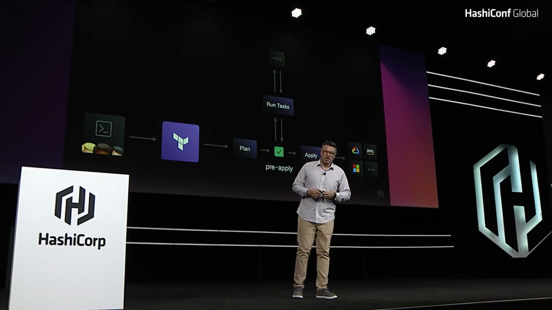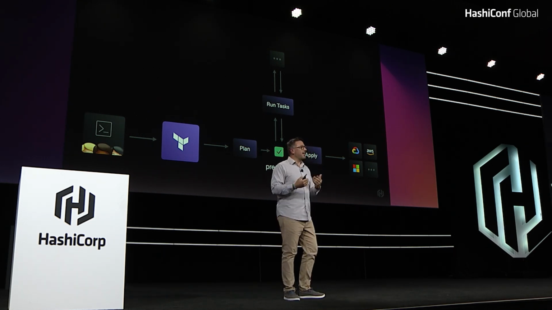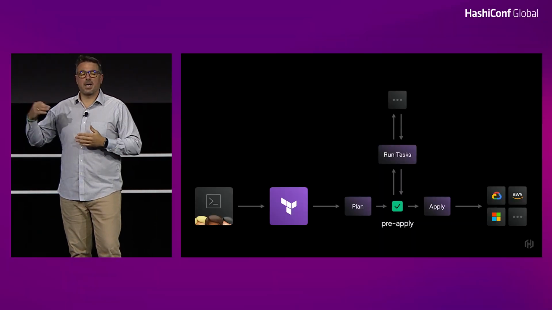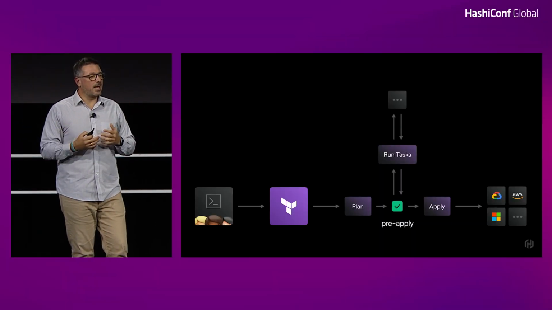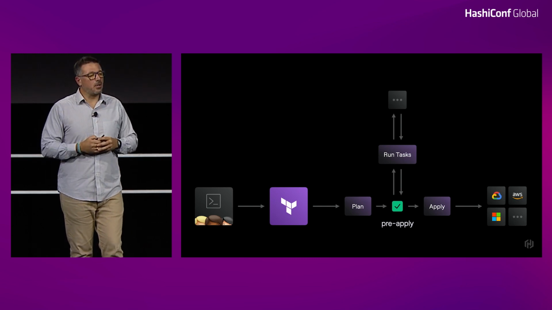And similarly, there's a pre-apply run task now available, okay? And this addresses the potential time gap between plan and apply. A plan could happen hours before an apply happens. And so what would you want to check there? Well, I think about, what about checking if we're in a maintenance window right now? You hit some API endpoint, or maybe you do a health check, and you ensure that you can actually proceed with the apply the moment it's about to happen.